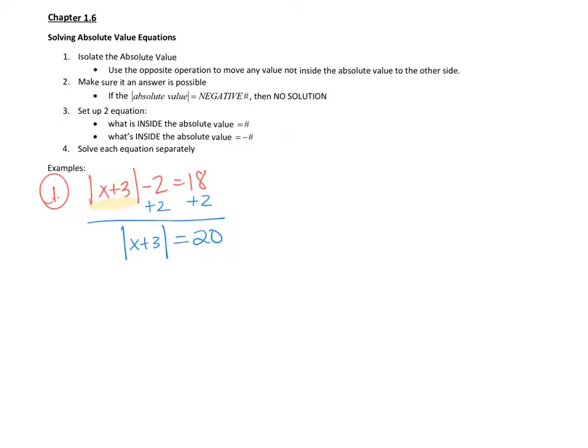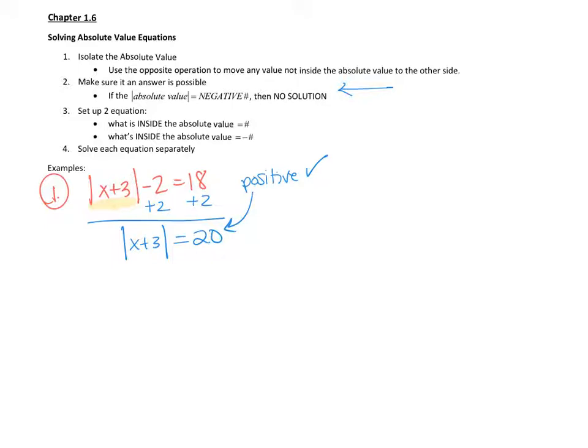Now that I've done that, one thing I need to check, which I have what I have right up here, number 2, we want to make sure that this is even possible to continue to go forward. So once I have my absolute value bars isolated, I want to make sure that it's equal to a positive number. If it's equal to a positive number, then I'm going to move forward. Okay, so since this one's equal to positive 20, I'm going to move forward here.